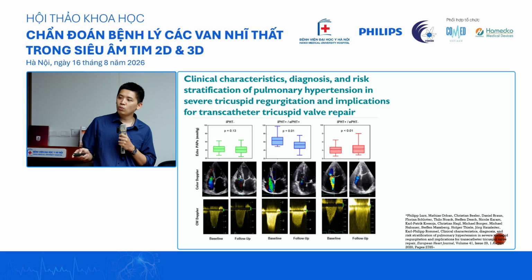The first group is those who don't have pulmonary hypertension. The second is those who have pulmonary hypertension on both echo and invasive measurement. And the last is those who have pulmonary hypertension, but it doesn't show up on echo at all. Here you can see a very dense, late-peaking triangular shape. Here you see a very small shape, and this doesn't look significant at all.